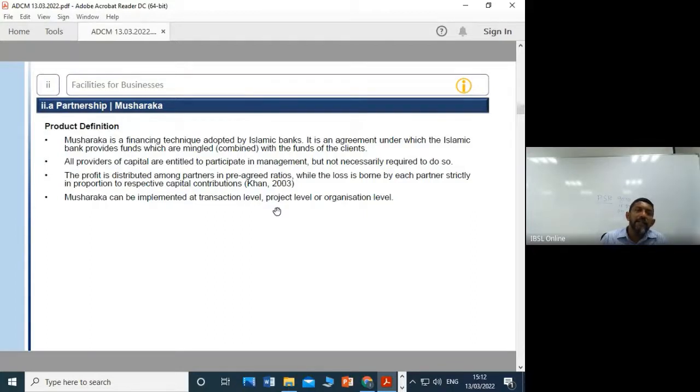The bank share is 100,000, the customer share is 100,000. So when it comes to losses, this 50-50 ratio, that is 100,000 and 100,000, is the ratio on which we share losses. When we say Musharaka capital, it's the total 200,000 we are referring to. And it can be Musharaka capital of the bank, Musharaka capital of the customer.